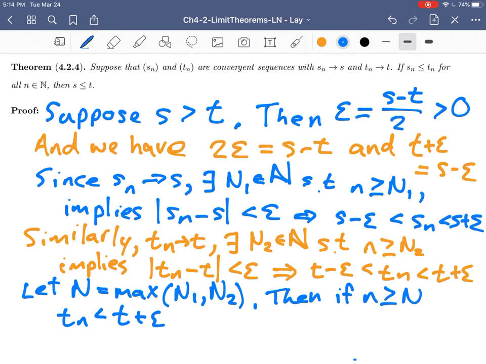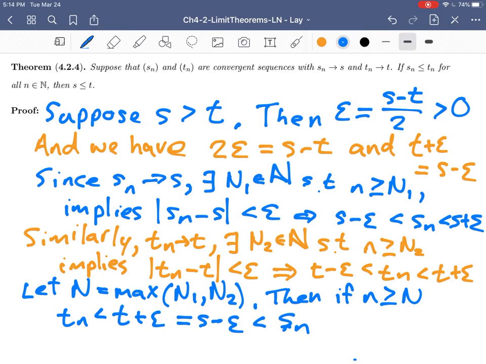But we established earlier, way up here, that T plus epsilon was actually equal to S minus epsilon. And that should be less than, as we established right here, S sub n. And so there's our contradiction.